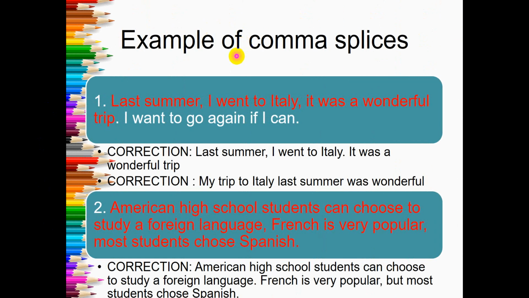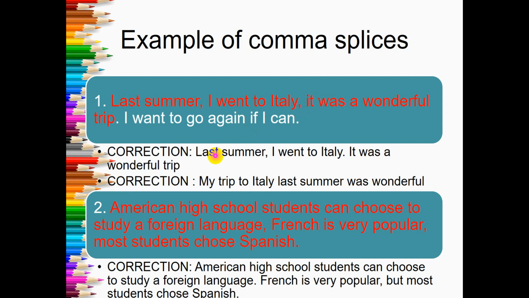This is an example of comma splices. "Last summer I went to Italy, it was a wonderful trip, I want to go again if I can." After "Italy" there is a comma, and then we start again, "it was a wonderful trip," again with a comma. We cannot separate sentences with a comma.